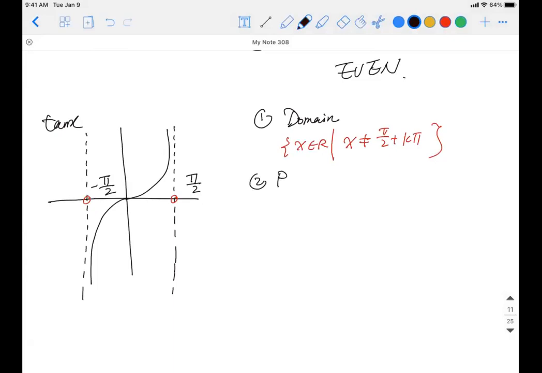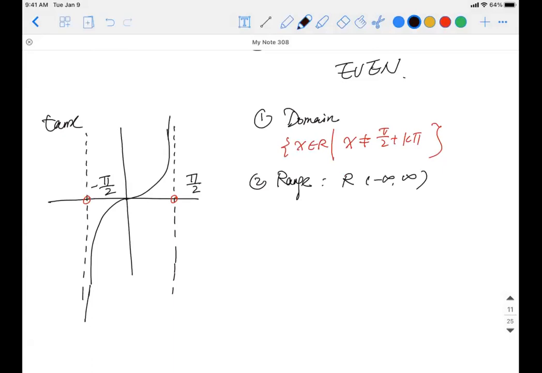Number two, range. Tangent x, what is the range? Because tangent x goes from here all the way to here, its range is actually R. Tangent x can cover from negative infinity to positive infinity. You basically cover every single value in this range.